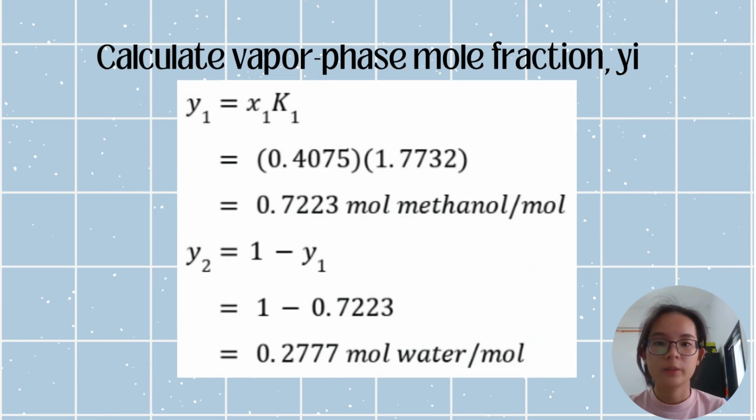To calculate the vapor phase mole fraction y1, we use the equation liquid phase mole fraction x1 times the equilibrium ratio K1, and we obtain the value of 0.7223 mole methanol per mole. To find the vapor phase mole fraction for water, we use the equation 1 minus y1, and we get 0.2777 mole water per mole.